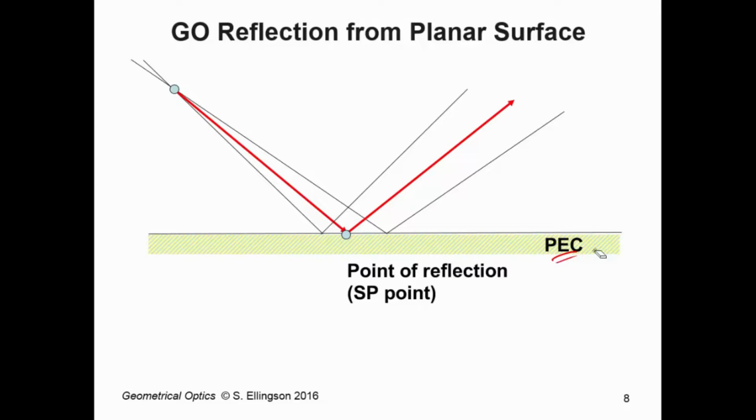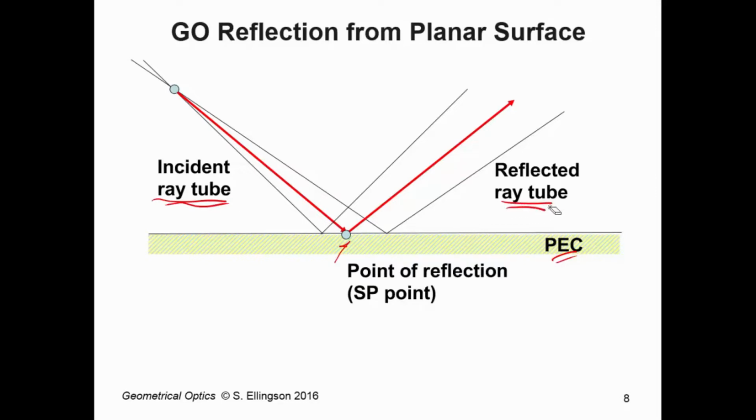So here we have a source bouncing off a point of reflection given by the stationary phase point and then taking off as a reflection. Now in the geometrical optics context, we have what we can refer to as an incident ray tube and a reflected ray tube. Ray tube, again, refers to the concept I've shown you on the last few slides.